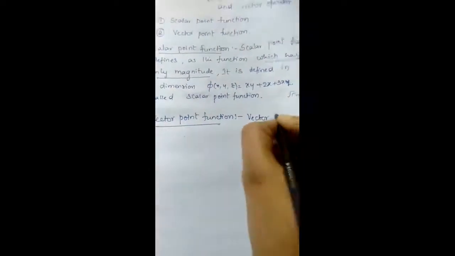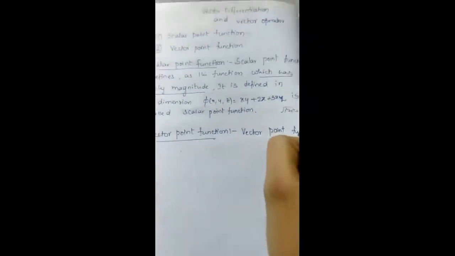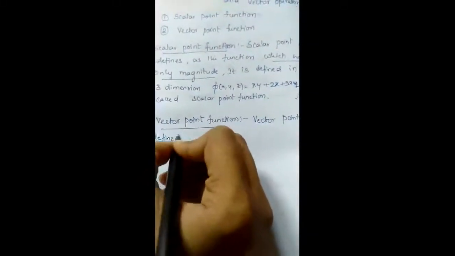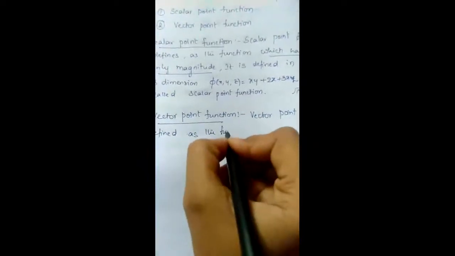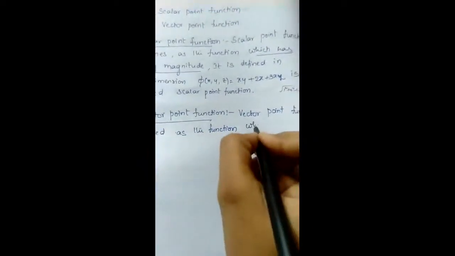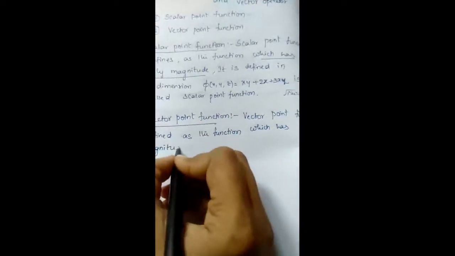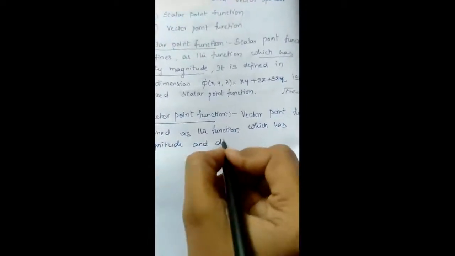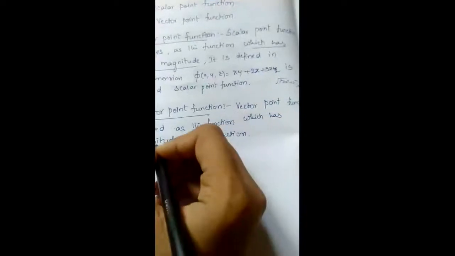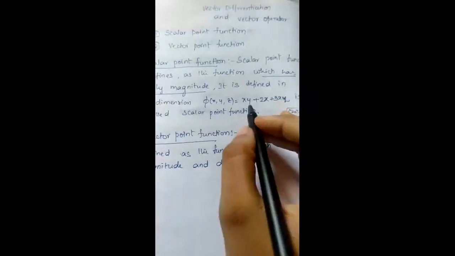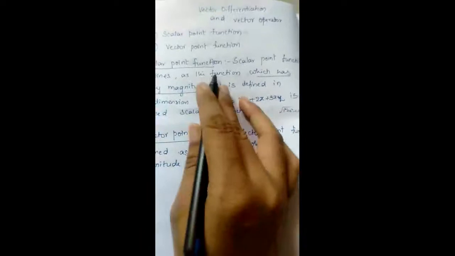Here, in the scalar case you don't have i, j, k, so you won't have directions.